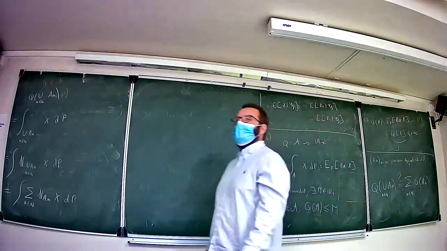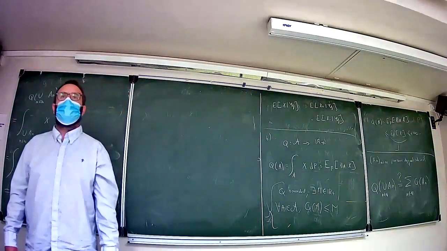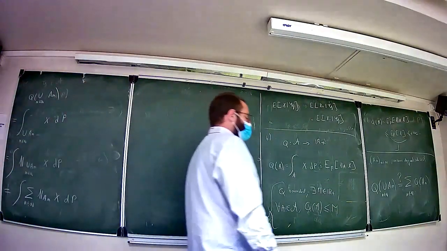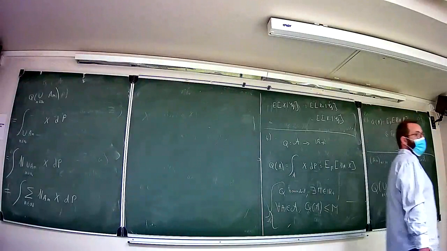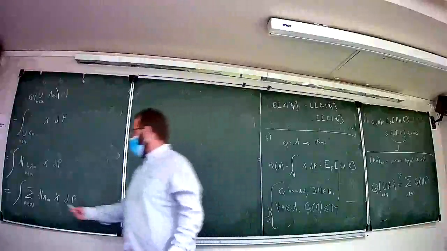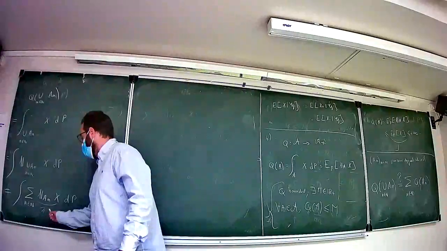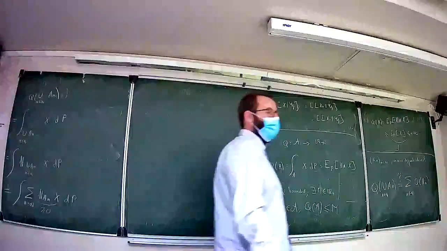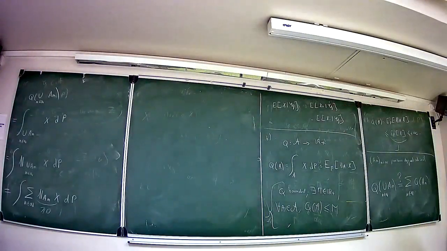In French, we call it the Beppo-Levi theorem, and in English, it is the monotone convergence theorem. In both cases, what you have here is something positive. From the course of probability, the monotone convergence theorem, or Beppo-Levi theorem, tells you that in this situation you can switch the sum and the integral.